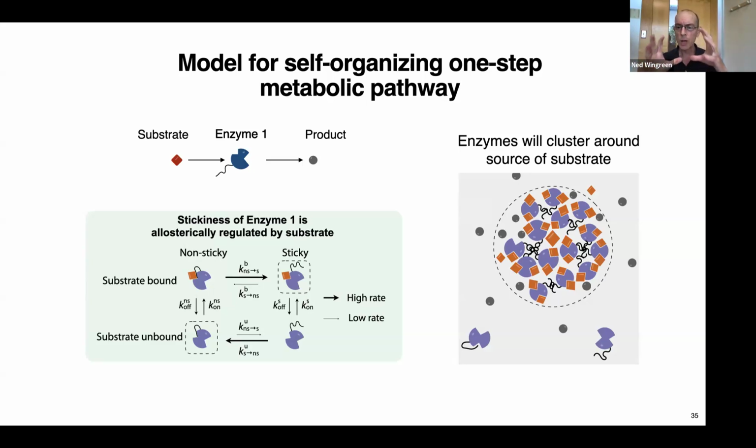But that cluster should not get too big, because if it gets so big that the enzymes on the outside are not getting access to the substrate, it's all being processed, then they're not going to be allosterically regulated to be sticky, and they will just leave and maybe go to some other source of the substrate. So it looks like we might be able to get some kind of self-regulating size for these enzyme clusters.